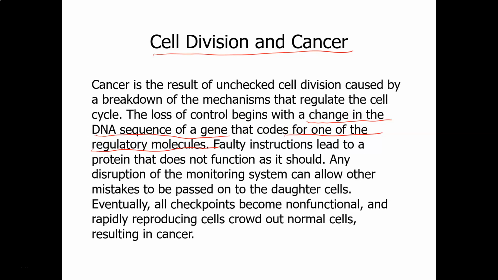Faulty instructions will lead to a protein that does not function as it should, and any disruption of the monitoring system can allow other mistakes to be passed on to the daughter cells. So eventually all checkpoints become non-functional, and rapidly reproducing daughter cells crowd out normal cells, resulting in cancer, resulting in a tumor.